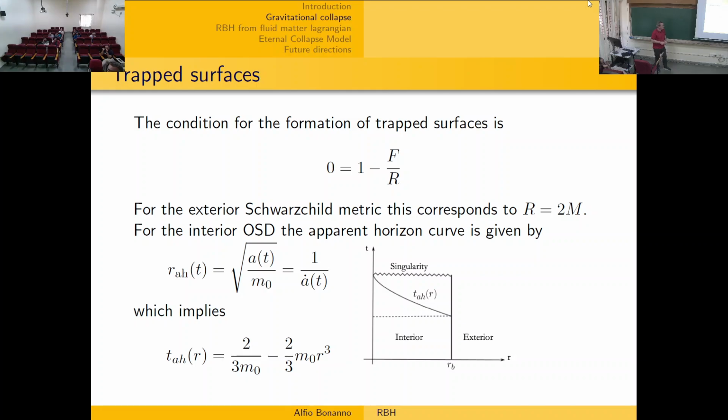That is the time that the apparent horizon will take to reach R equals 0. That is a very famous result by Oppenheimer and Snyder, discussed in textbooks. I think Datt did it maybe before them, but it was recognized only a few years after.